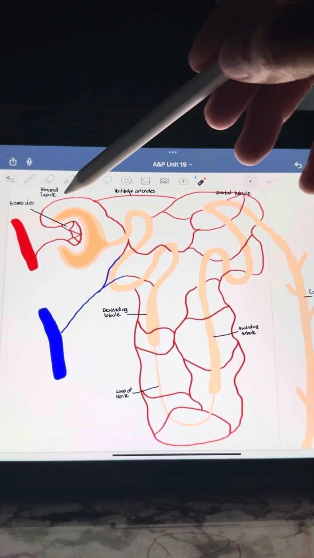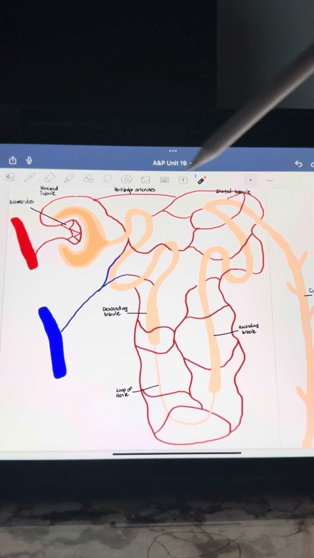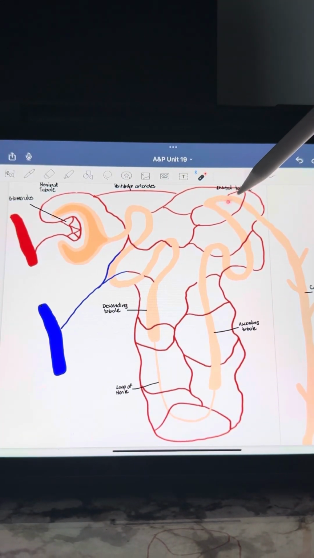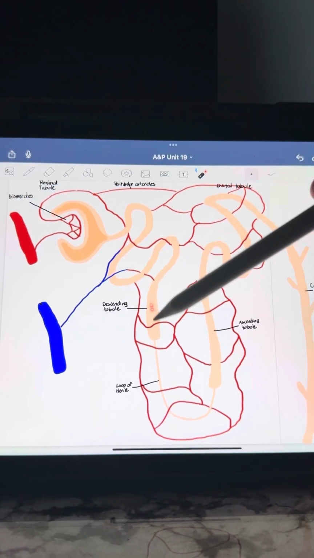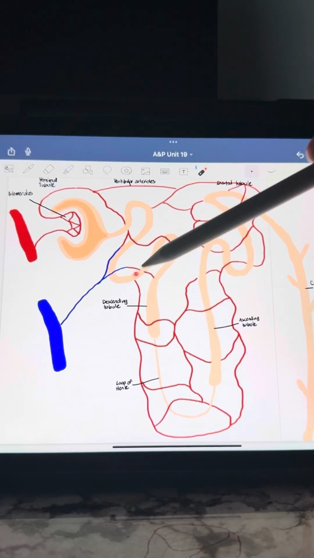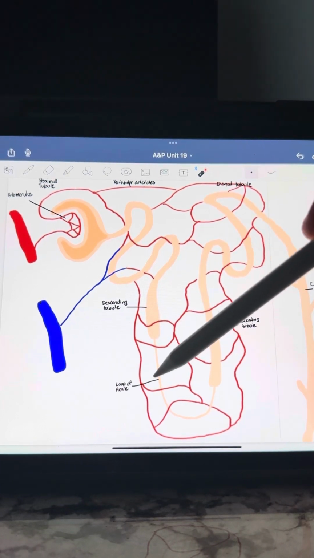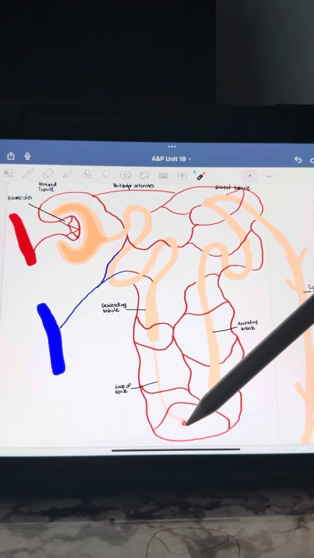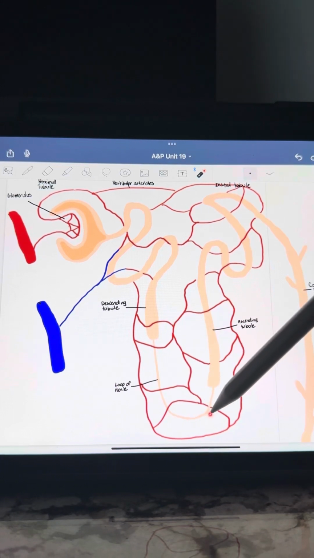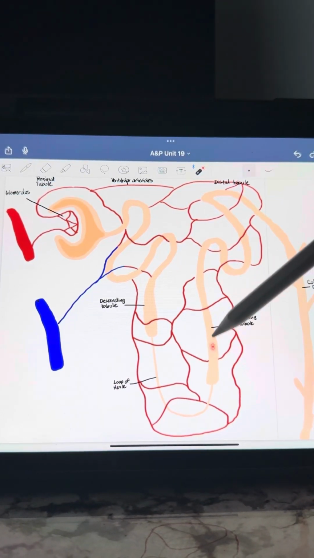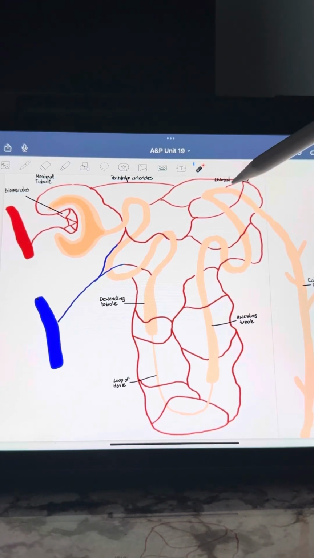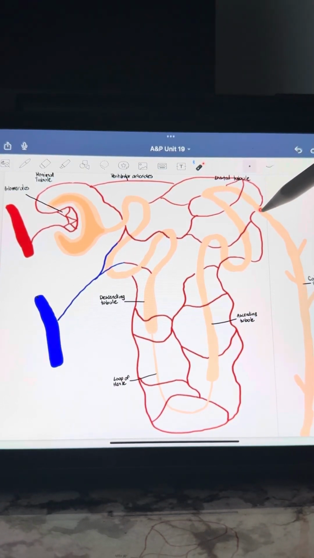This is also the proximal tubule. This is the distal tubule here. This would be the descending tubule. This would be the loop of Henle that goes around here like a U. This one here is the ascending tubule, and this would be the distal tubule.